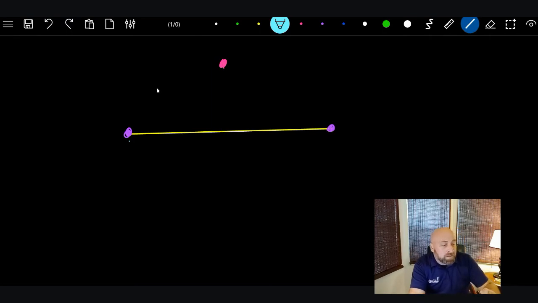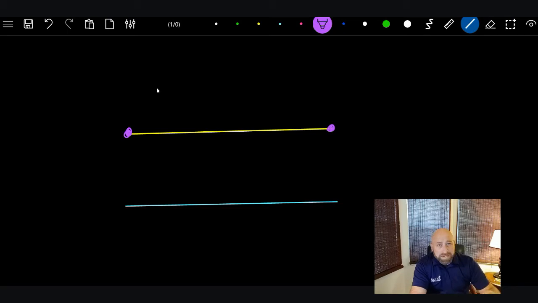Now, what happens if I have two parallel lines? Okay, so I want to know, what is my distance between these lines? Well, the distance is again, a perpendicular line, a perpendicular to the 2 points in the line. And that's all in your book in lesson 2.17, distance.